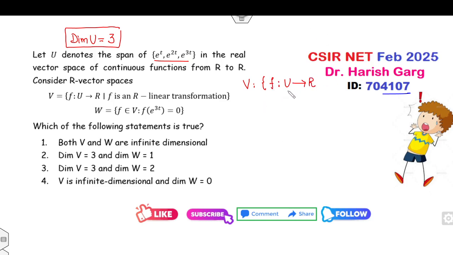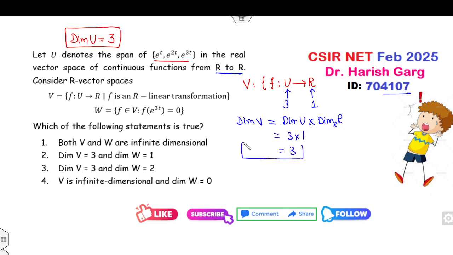So what is the dimension of the U? 3. What is the dimension of R over R? It is 1. So therefore, what is the dimension of the V? Dimension of the V will be dimension of the U multiplied by dimension of the R over R. So that will be 3 into 1. So the answer is 3.